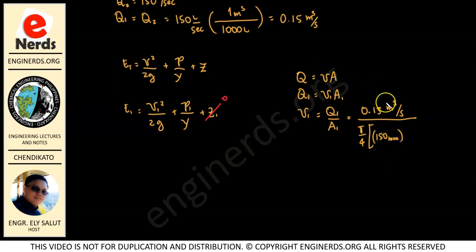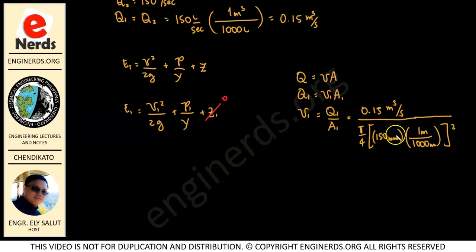Dahil na cubic meters ang ating numerator. So we have 1,000 millimeter in 1 meter. Okay, then we're going to square this because area is equal to pi over 4 times the diameter squared. So tingnan natin ang ating unit.